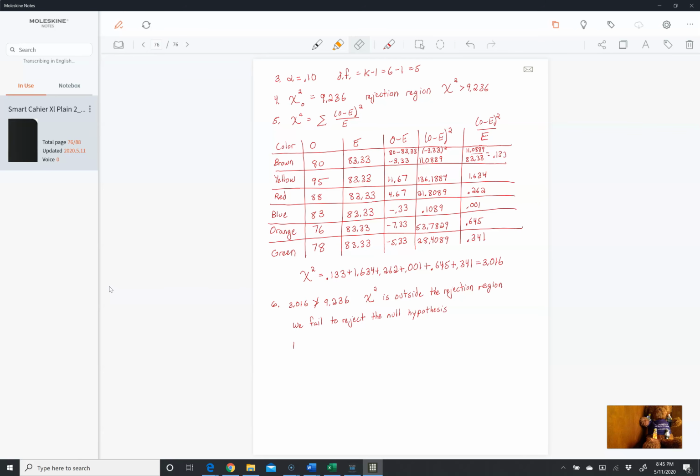What does this mean? There is not enough evidence to reject the researcher's claim that the number of M&Ms is uniformly distributed. Sorry, hang on 1 second.